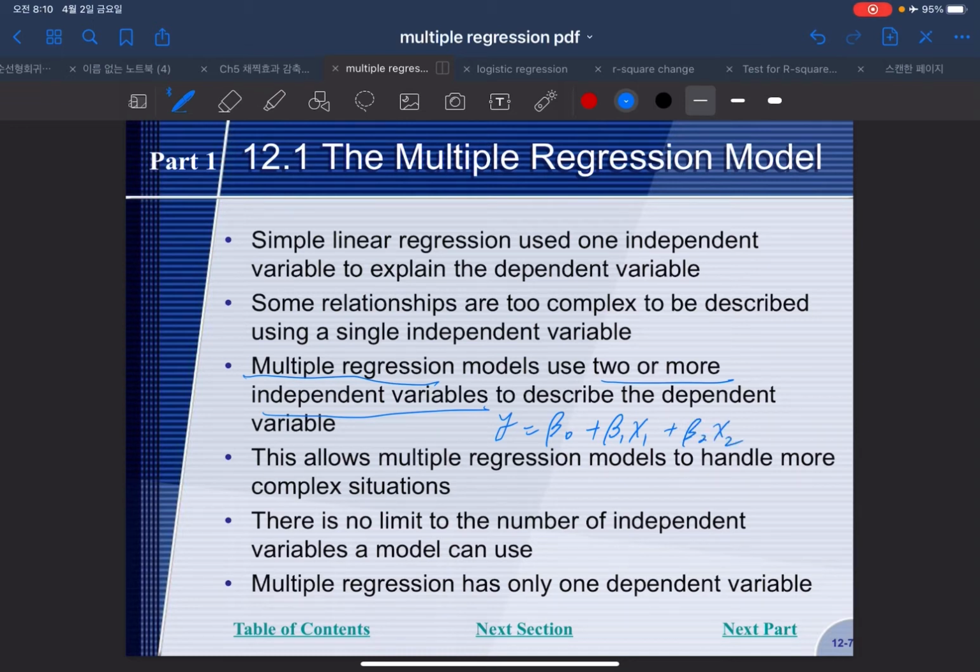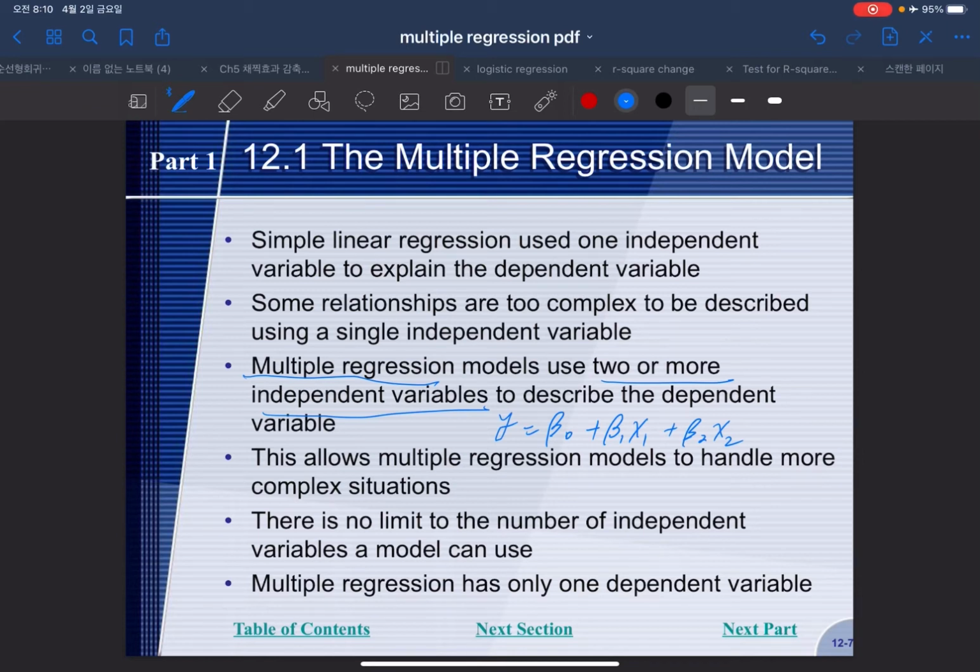Right? So basically, we wanna find the beta 0 and beta 1 and beta 2, right? Beta 1, beta 2 are simply the coefficients for the independent variables, right?